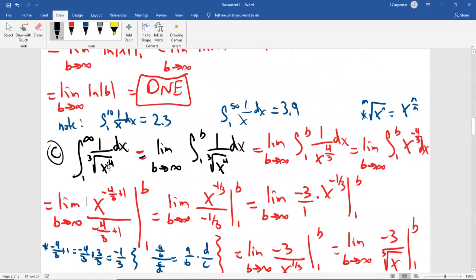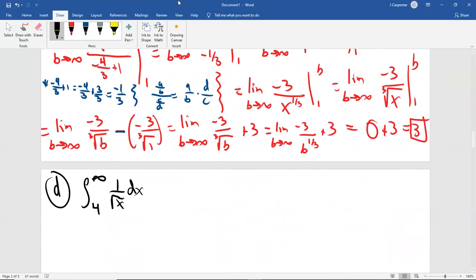These radicals are the same thing as exponents, it's just fractional exponents, like a 4/3 instead of a 1 or a 2. So let's do all that changing. We know we got to do a limit as b goes to infinity.